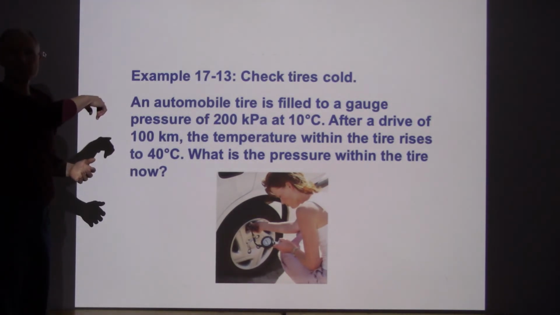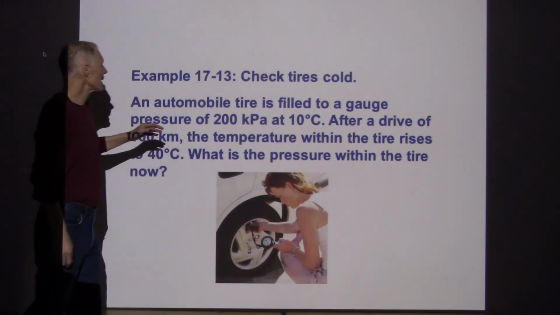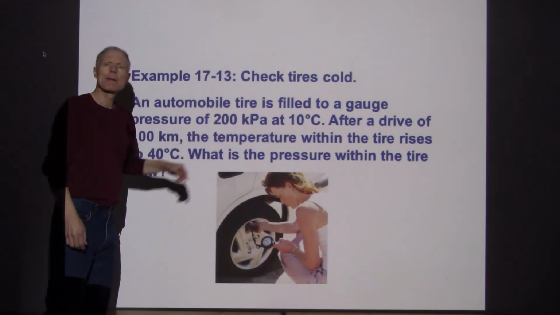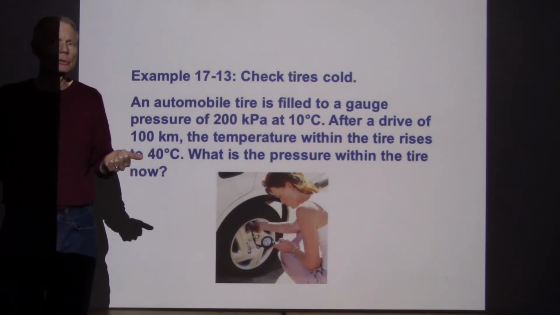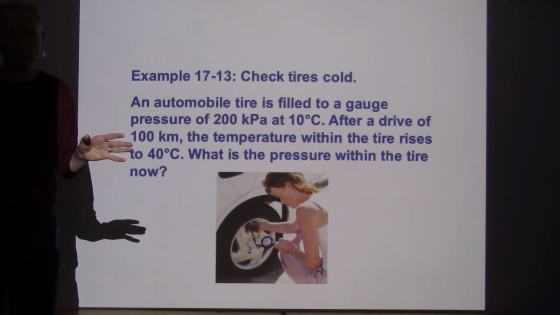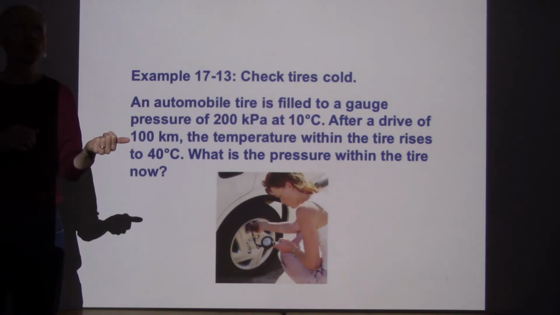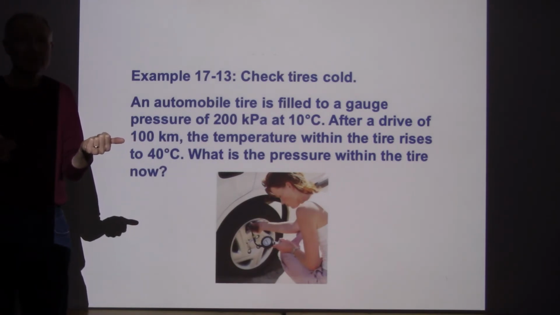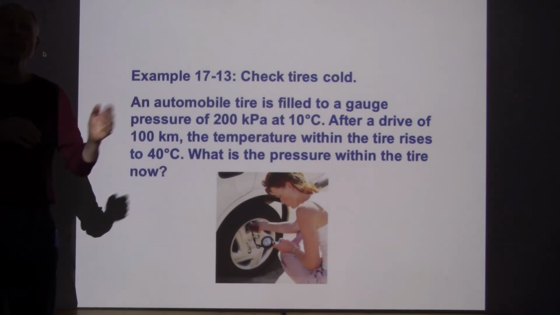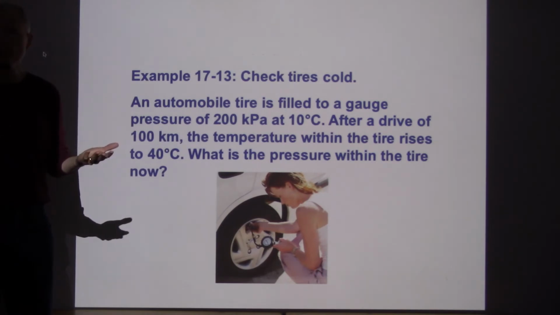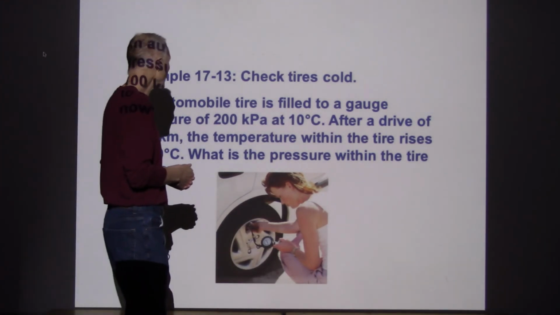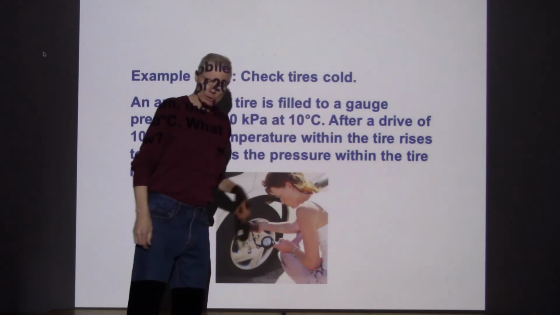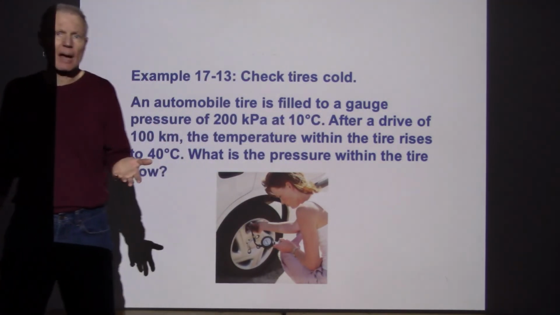The other item, and this is the one I missed, is that it said that the pressure inside is 200 kilopascals, but it didn't say that was absolute. It said it was gauge pressure. Now, you guys know from chapter 11, I want to say, back in Physics 4A, looking at fluids, what we learned was that gauge pressure is not the same thing as absolute pressure.